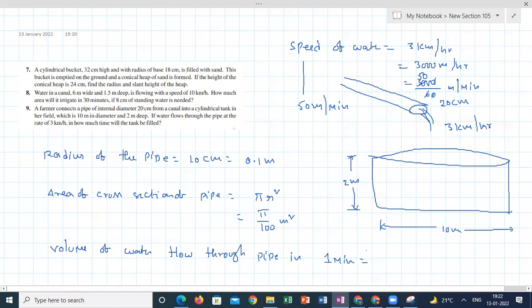Now volume of the water flowing in 1 minute is: velocity is 50 meter per minute, pi by 100 is area. Area into velocity of the water will give pi by 2 meter cube per minute.